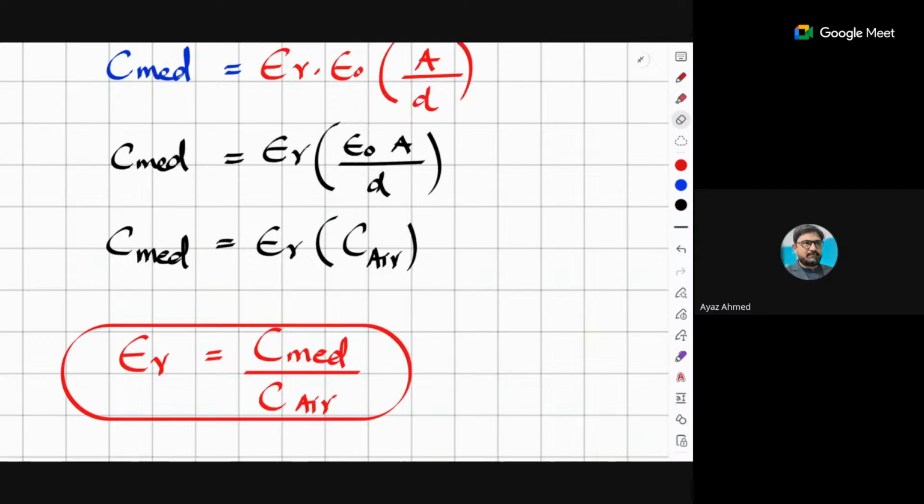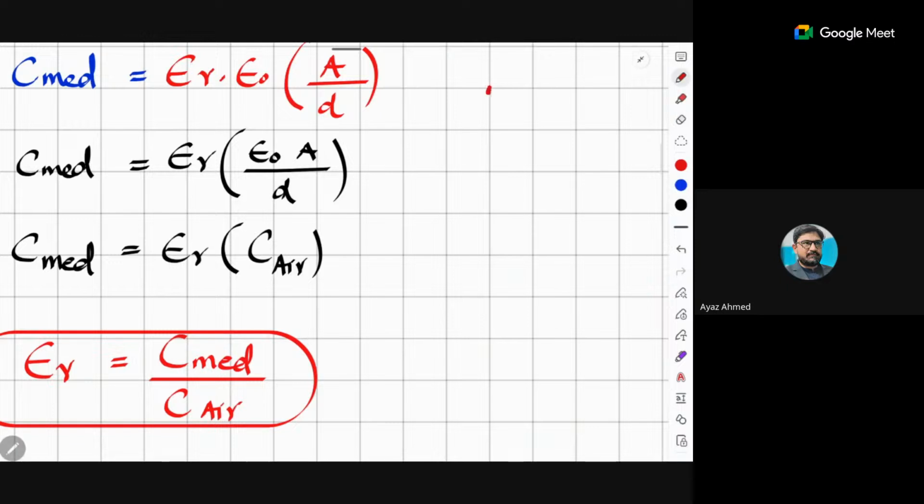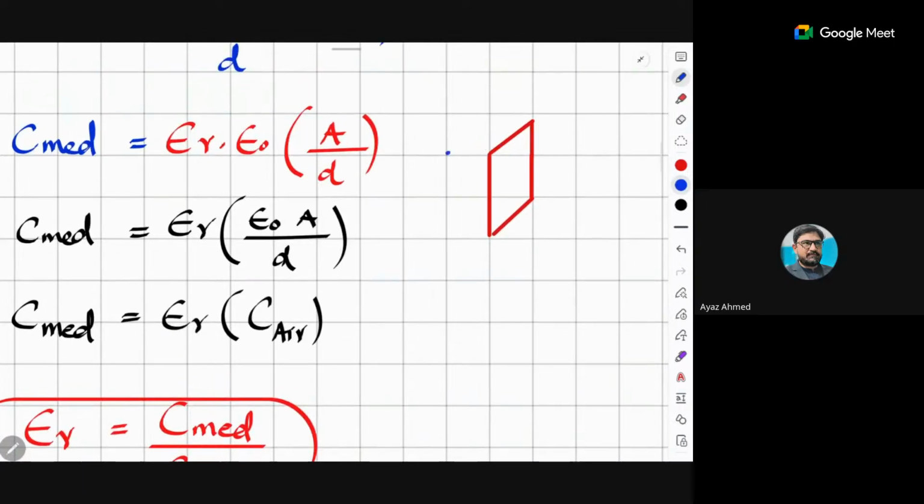Okay, is this clear? I mean, you have the same dimensions of the capacitor. For example, if you have a capacitor with this cross-section area, and there is another plate, this is basically the top view, right?